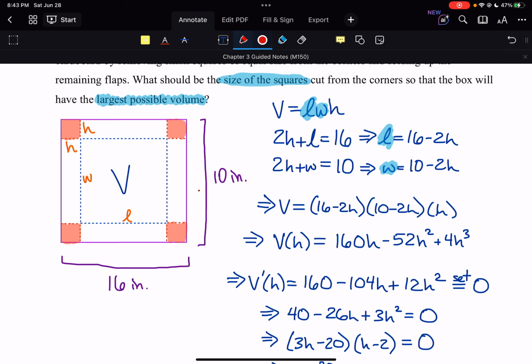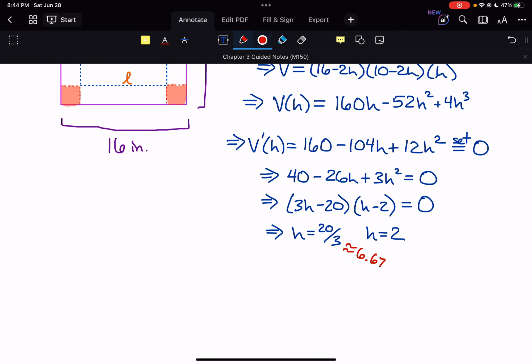We can't make a cut more than 5, right? If you cut it at 5, you perfectly split it in half. So even that realistically is not practical. But we certainly cannot cut anything bigger than that. So we have to note that h has to be between 0 and 5, or else there's no box.